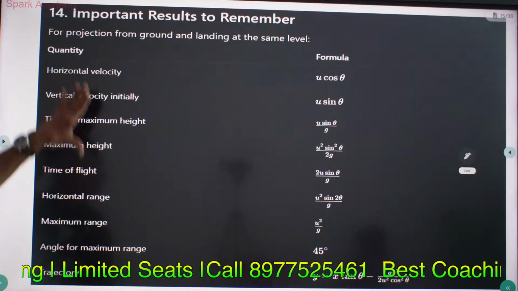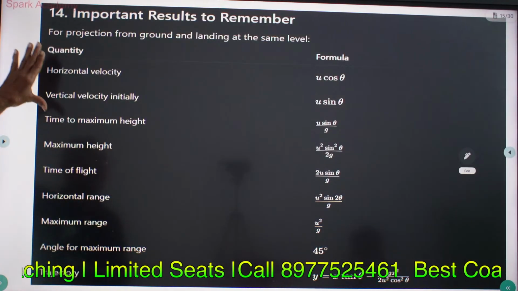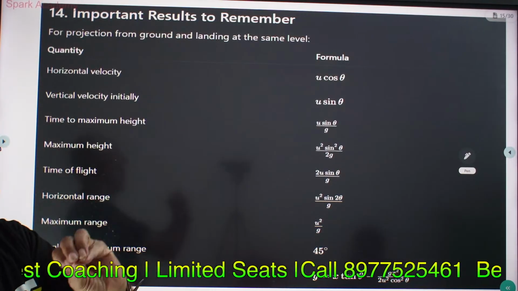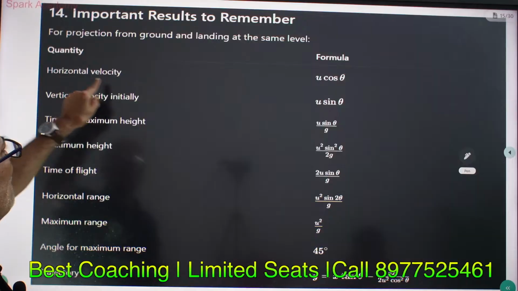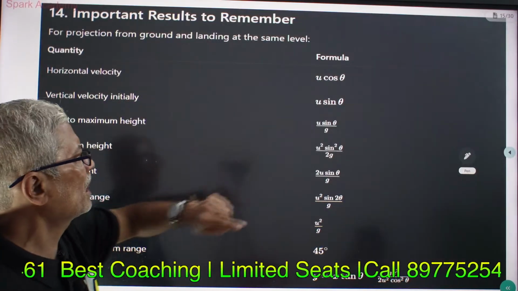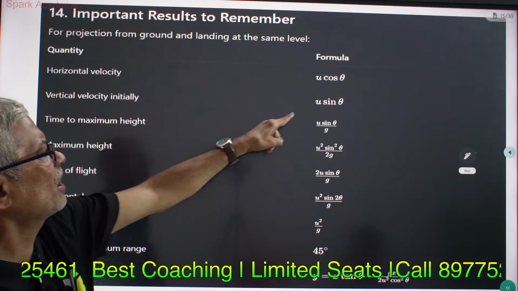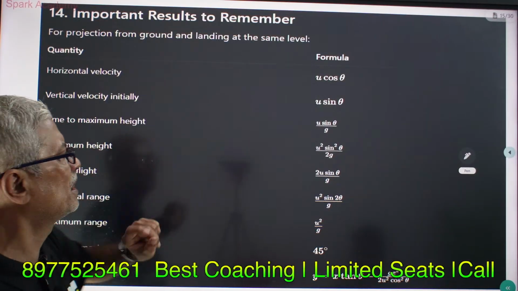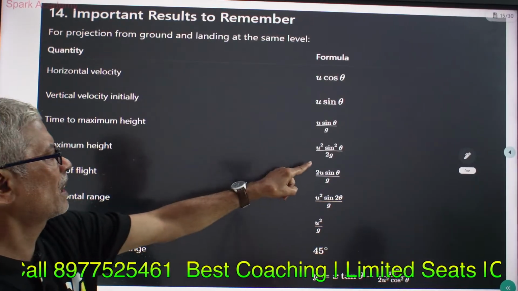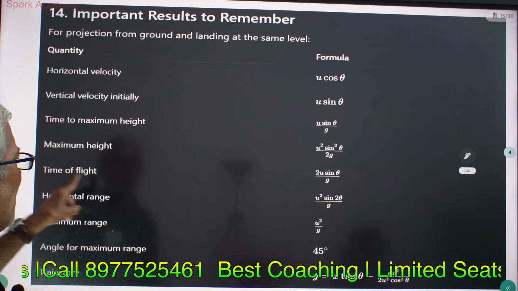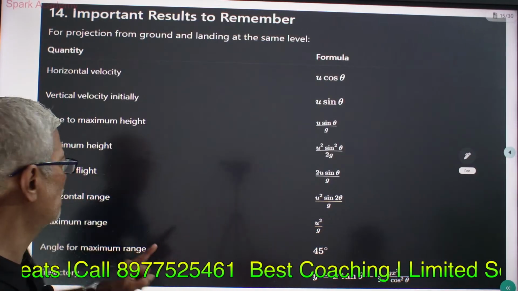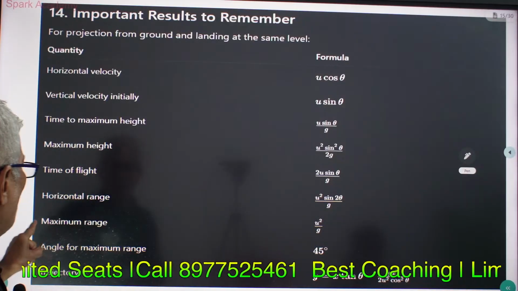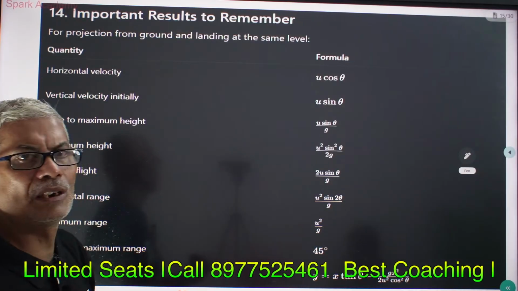So in a nutshell, these are the formulas you have to remember for competitive exams where time is very less. Horizontal velocity is u cos theta, vertical initial velocity is u sin theta, time of maximum height is u sin theta by g, maximum height is u square sin square theta by 2g, time of flight is 2u sin theta by g, horizontal range is u square sin 2 theta by g, and maximum range is u square by g.